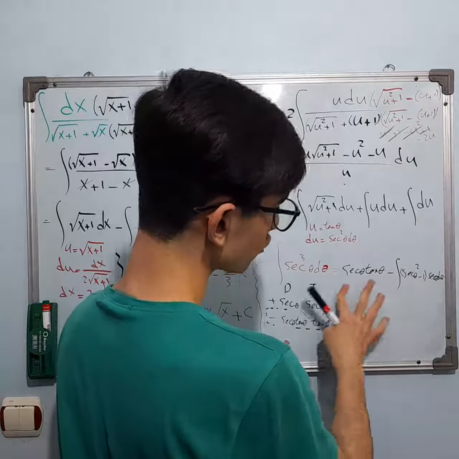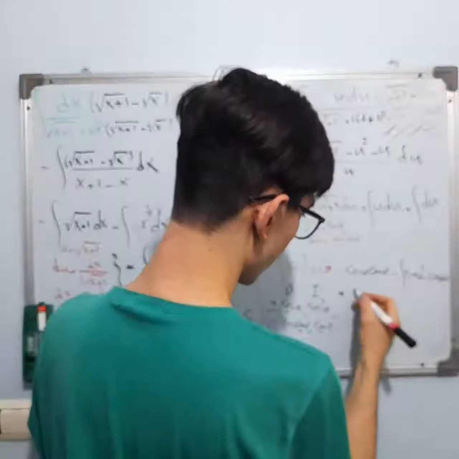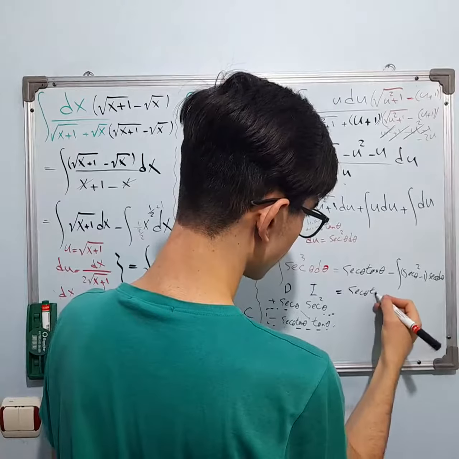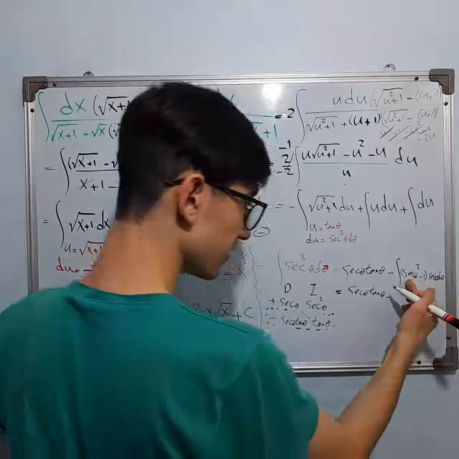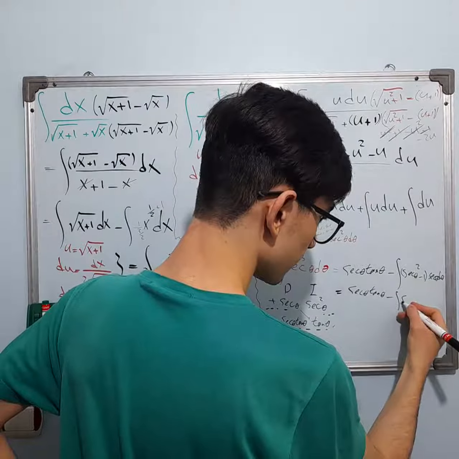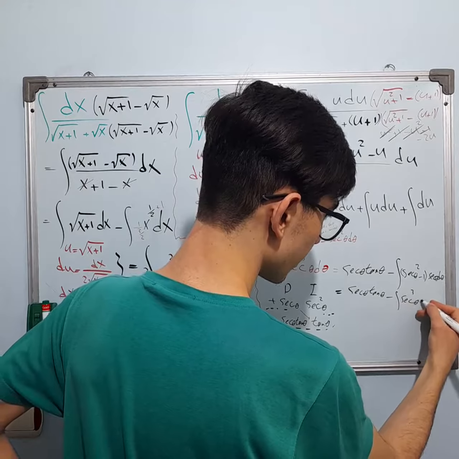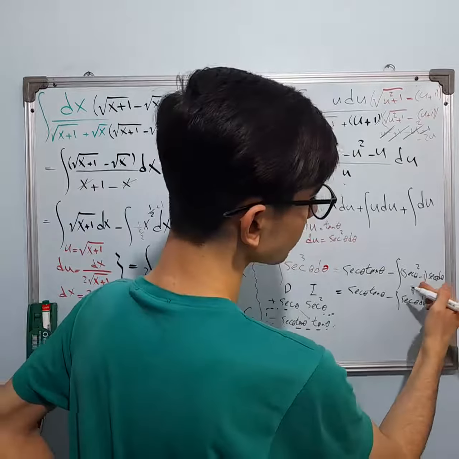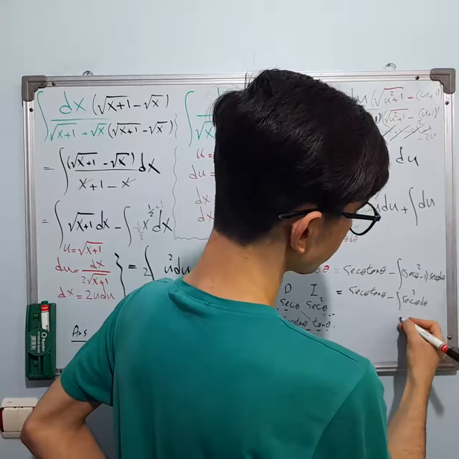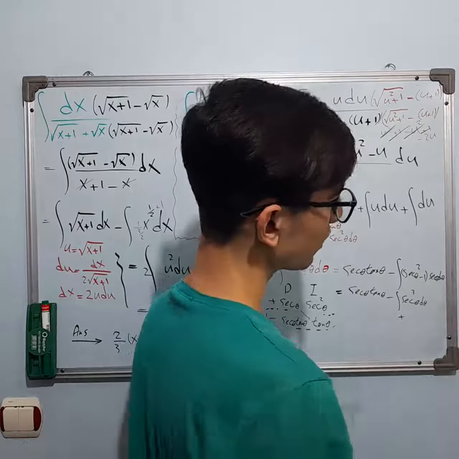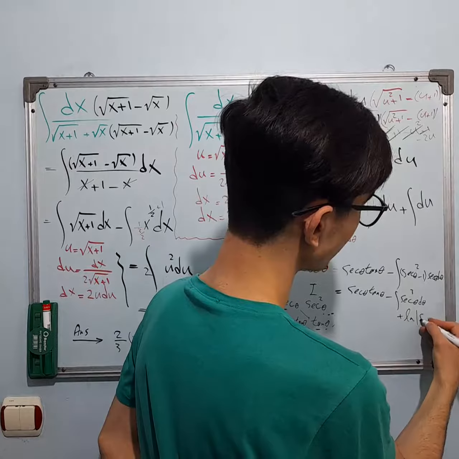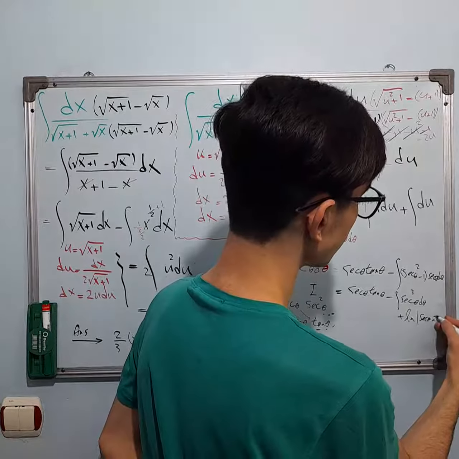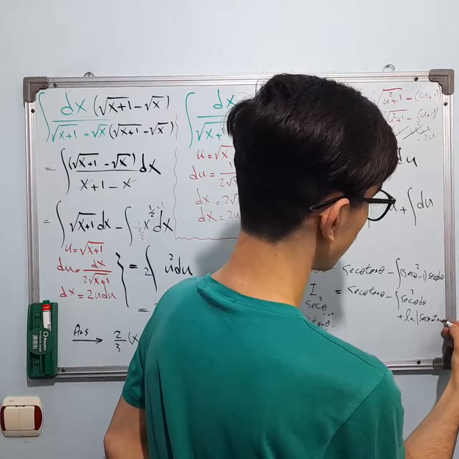Yeah, so now I have secant theta tangent theta minus the integral of secant cubed theta d theta, and plus the integral of secant theta, which, you know, is natural logarithm of secant theta plus tangent theta.